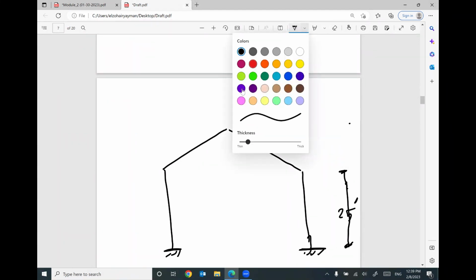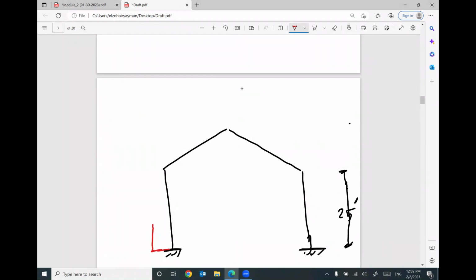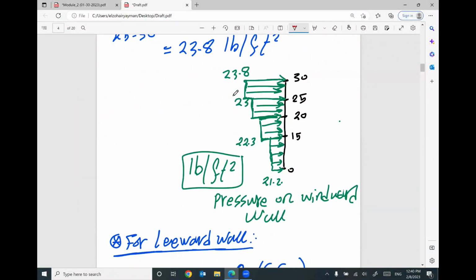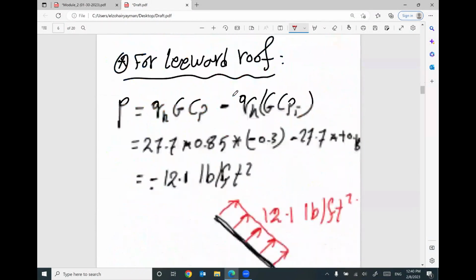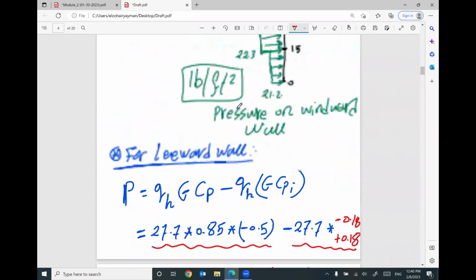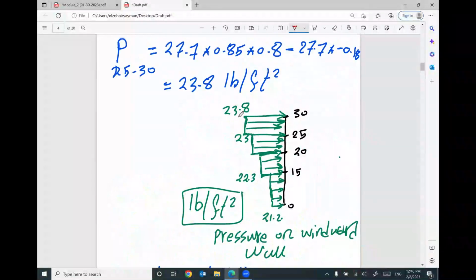So I have here values from 0 to 15, from 15 to 20, from 20 to 25. So I have these values like this. Where are these values? Here you go. 21.2, 22.3. And then from 20 to 25, the value equals 23.